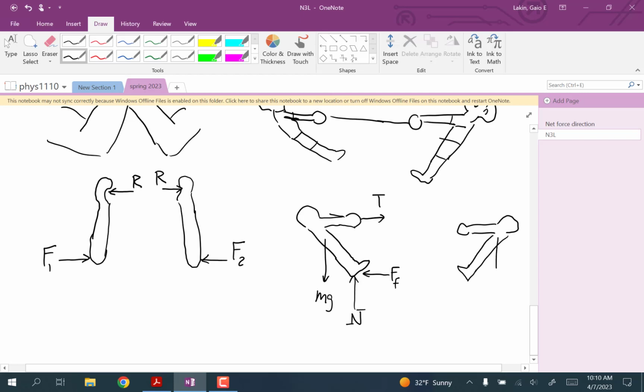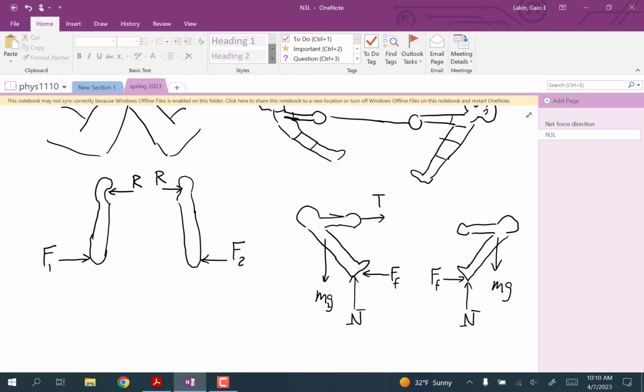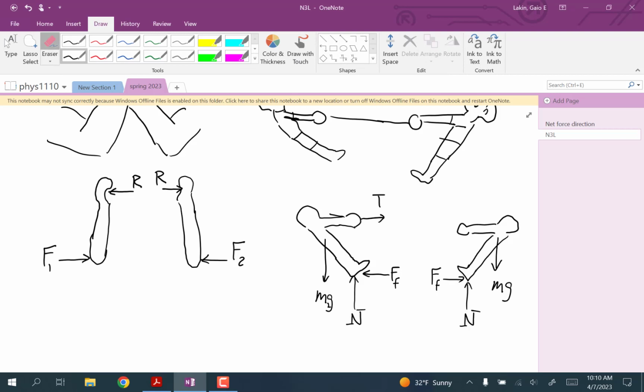And on this person, there's possibly different weight, different normal force, different friction force. You could give these subscripts because they're not necessarily the same. But the important thing here is the cable force is exactly the same on each of these two people. So the winner does not apply a bigger cable force than the loser does.